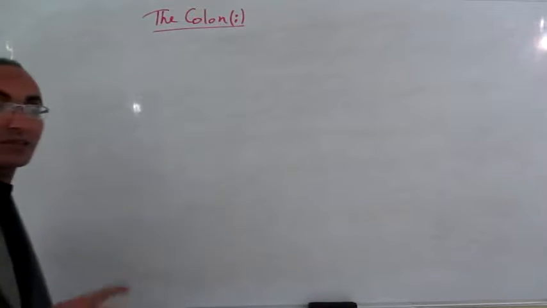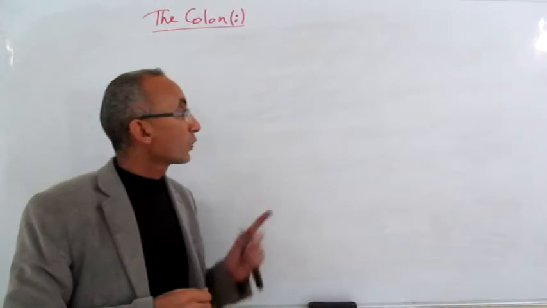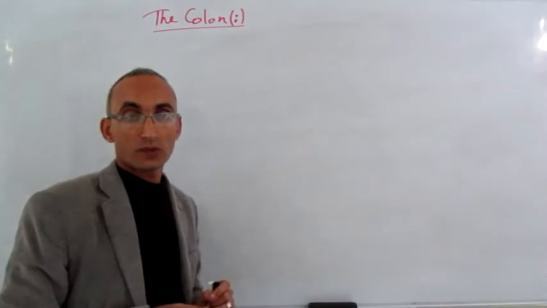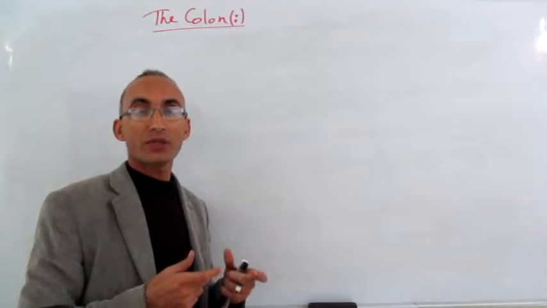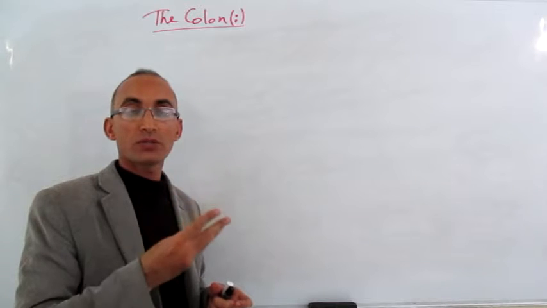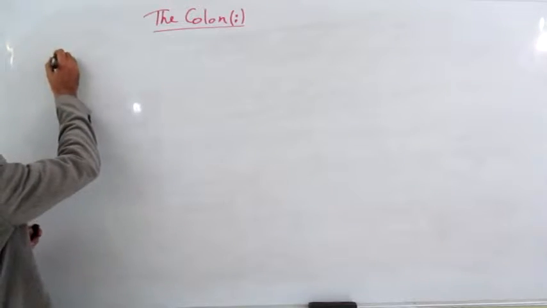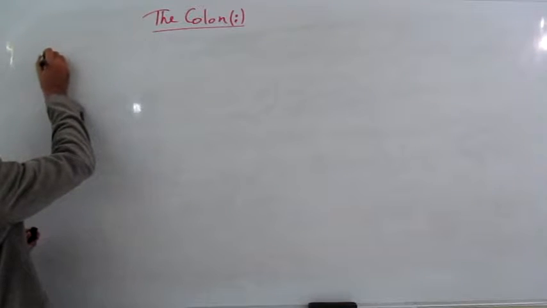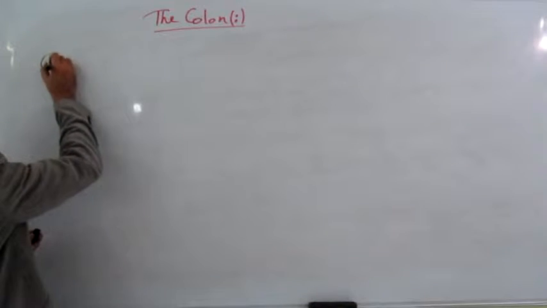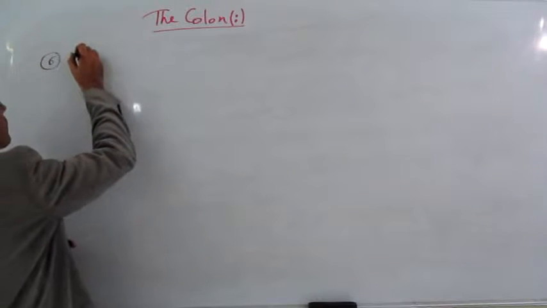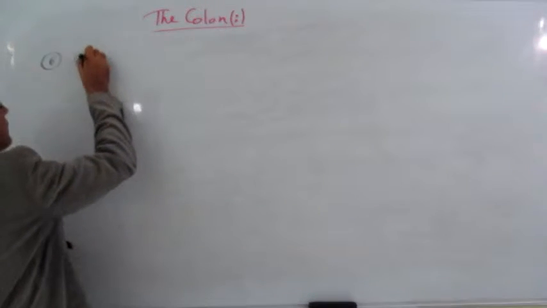So last but not least, we have the case of listing with the colon. And under listing we have three major cases also. So number 6, or the sixth use or rule for the use of the colon: it is used while listing.